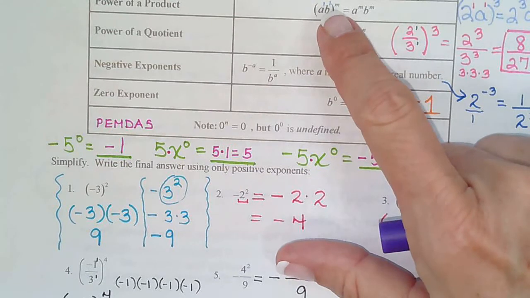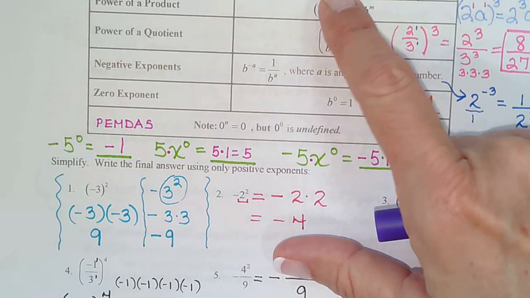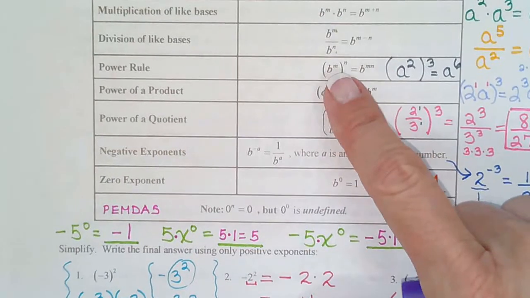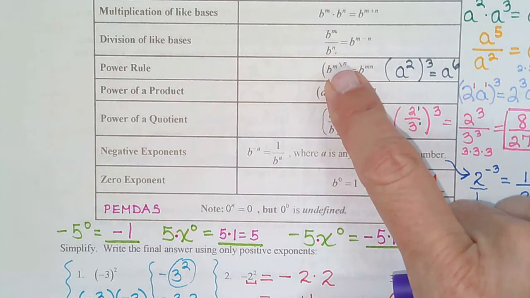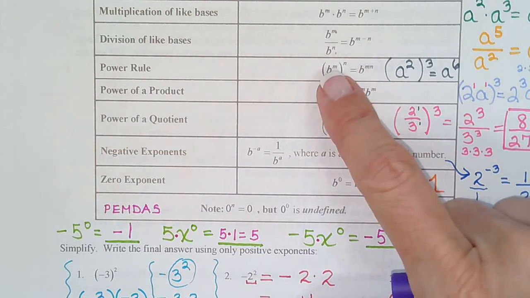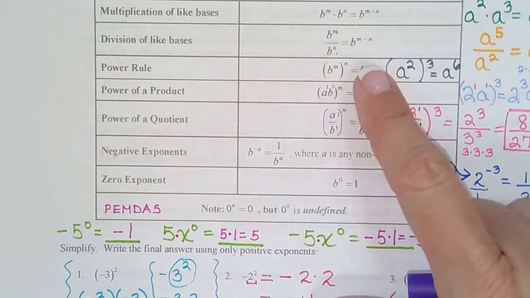Remember, when we raise to a power, we multiply our exponents. M to the nth power is m times n.